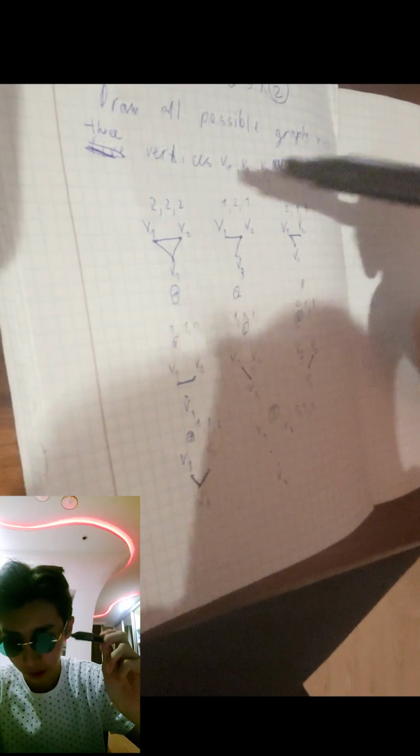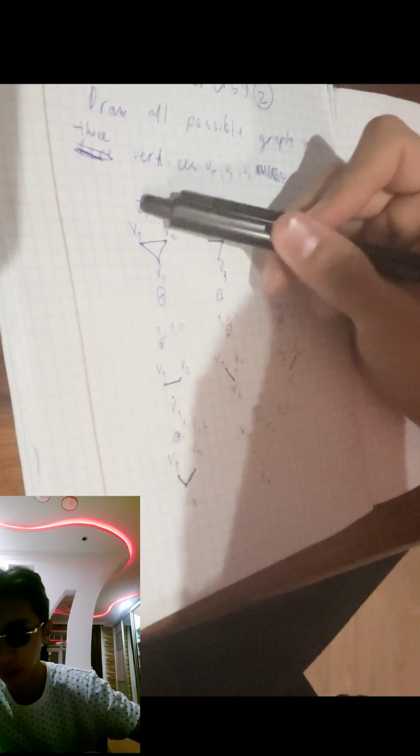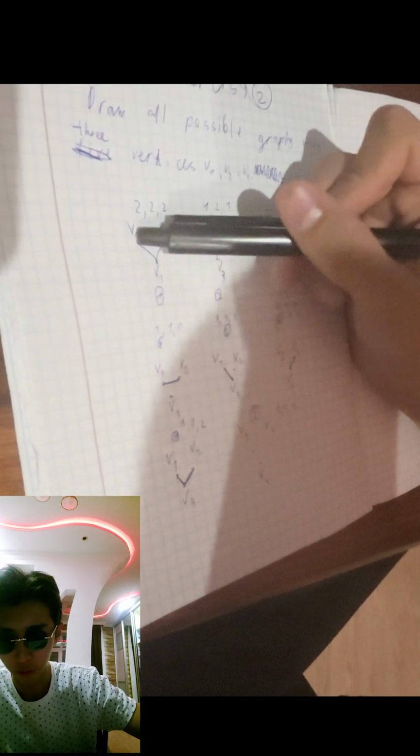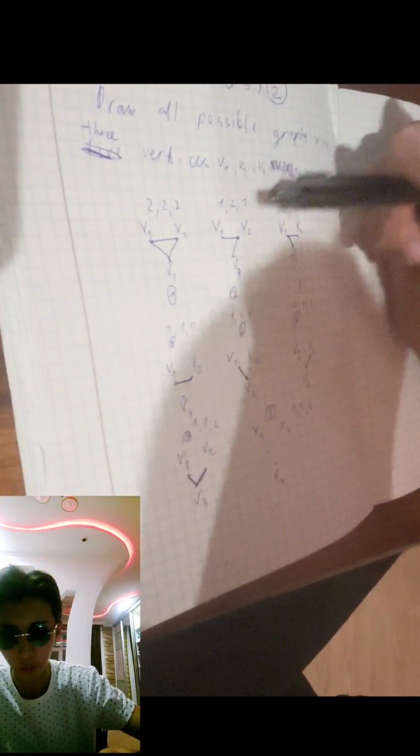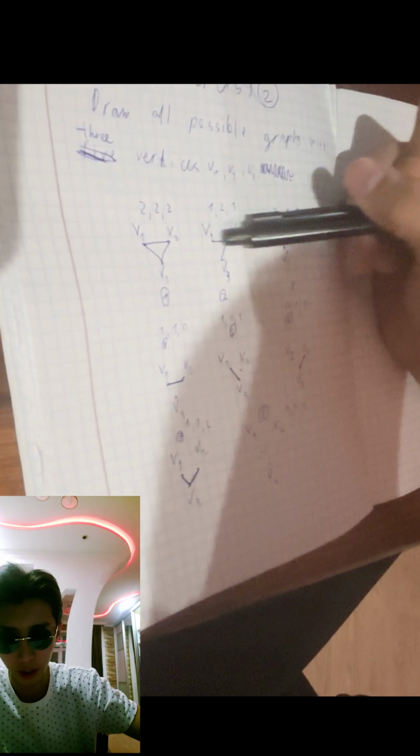Now you can see the first graph is 2 2 2: each vertex has 2 connections. In the second graph, V1 has 1 connection, V2 has 2 connections, and V3 has 1 connection.